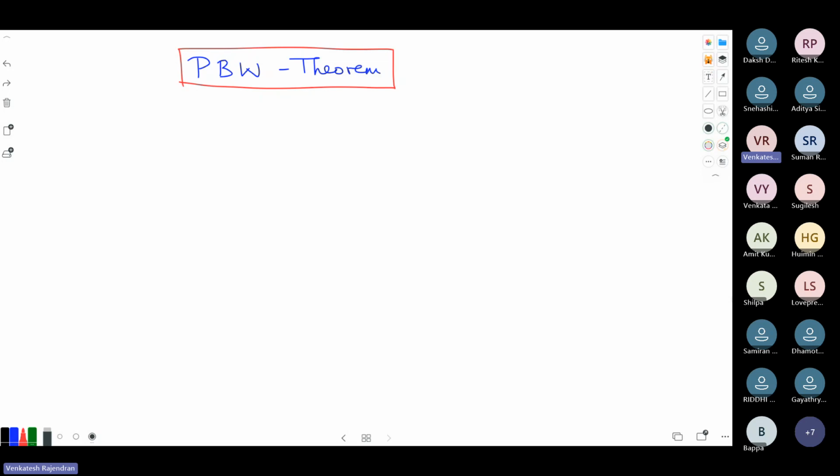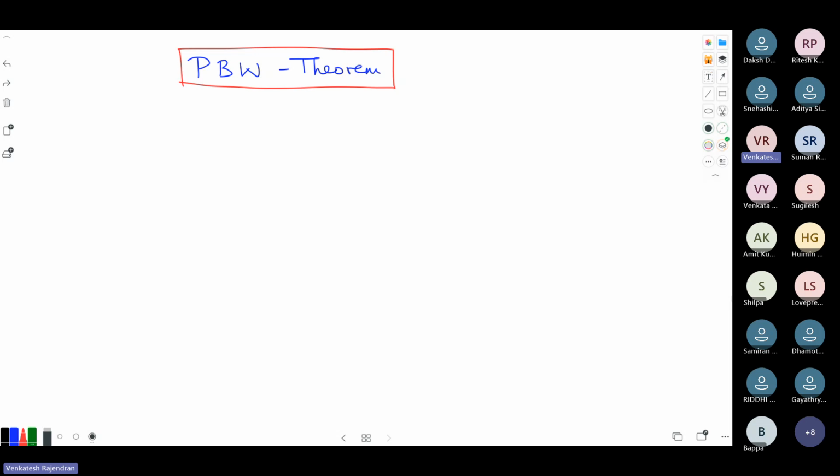The ideas that you use to prove version 2, where I establish this basis, follow closely what is done in Roger Carter's book. There is another proof that you can see in Humphreys, which also has important ideas.